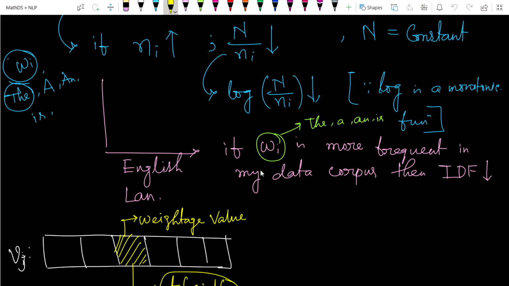So we do not give so much importance to these kinds of words. That is the job of IDF. IDF gives less importance to a word that repeatedly occurs in our whole document collection.